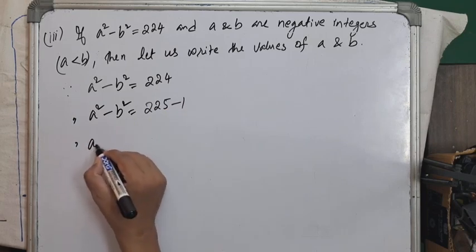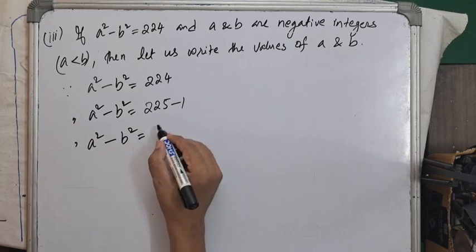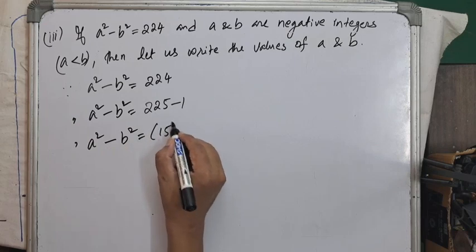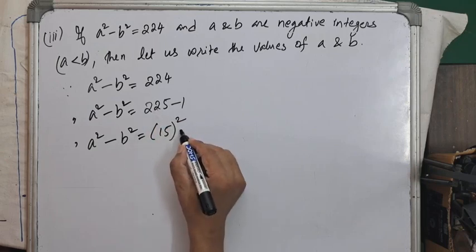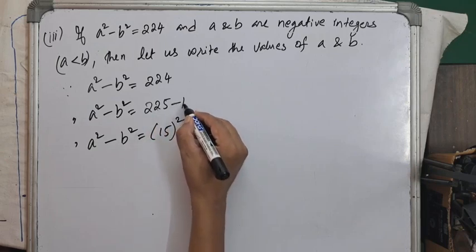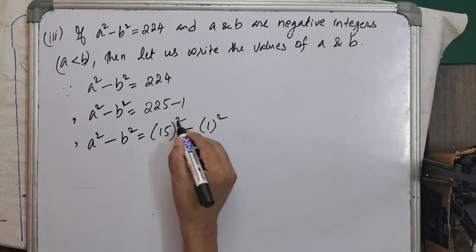Or a square minus b square equal to, this 225 we write as 15 square. 15 square means 15 times 15 is 225. This minus 1 we write here as 1 square. So 1 squared is 1, 15 squared is 225.